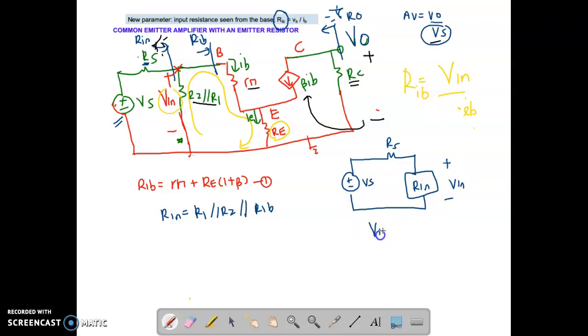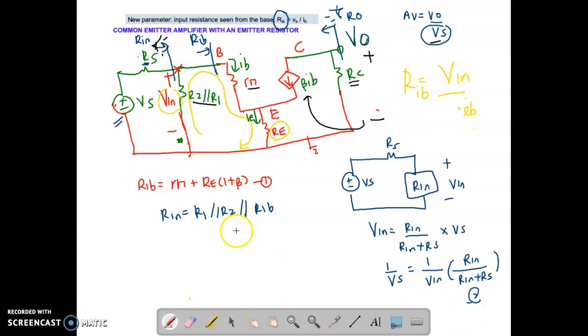Now how can you find your Vin? Vin equals Rin divided by (Rin plus RS) multiplied by VS. And then you can get 1 over VS equals 1 over Vin times Rin divided by (Rin plus RS). This will be equation number 2.